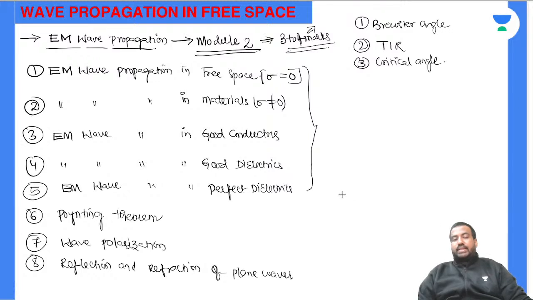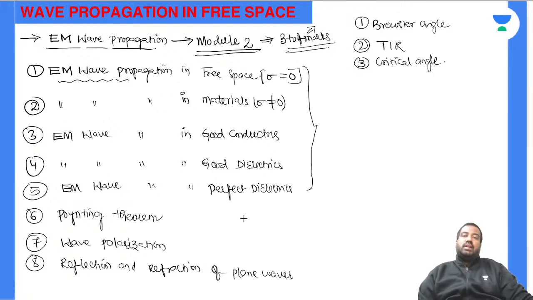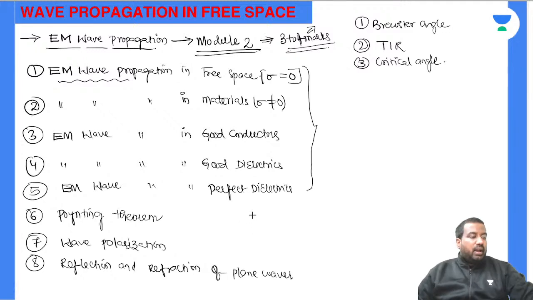Now my question is, as you know, in this module we try to analyze EM wave propagation in different mediums. The question is very simple. Do we have any equation for a given wave?